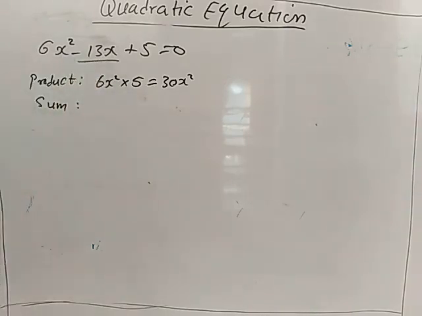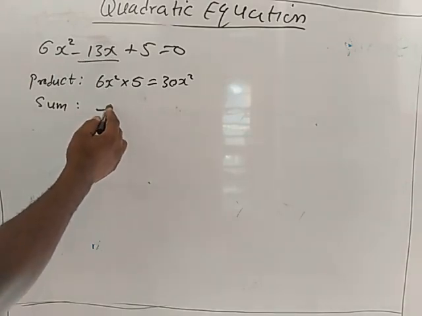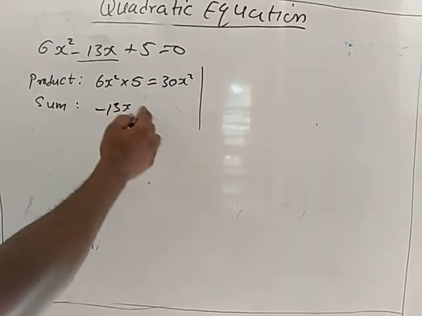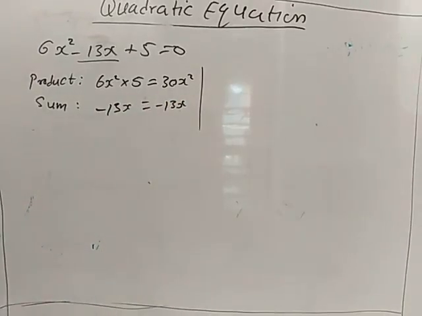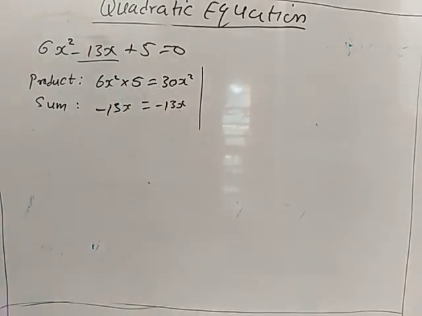Our sum is the one we have at the middle, which is minus 13x. Now, the next thing is to find two numbers such that if we add them together, it will give us the sum. And if we multiply them together, it will give us plus 30x squared.